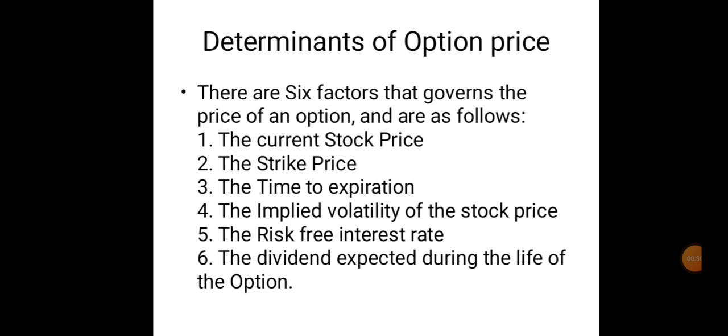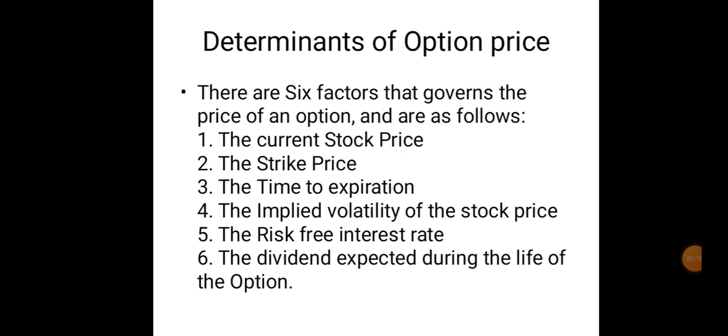The current stock price, strike price, time to expiration, implied volatility of the stock price, the risk-free rate of interest, and the dividend expected during the life of the option. These are the 6 determinants that will be considered in option pricing.